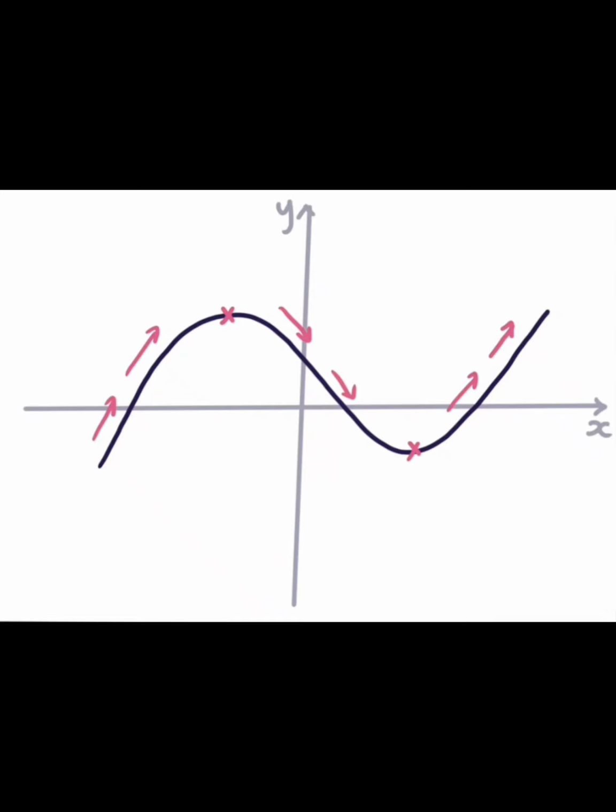So a really important property of turning points that you need to know is the gradient at a turning point. For example, let's call this turning point A and this turning point B. If I were to draw a tangent, if you remember, that's what we're doing when we're finding the gradient at a point. We're basically finding the gradient of the tangent. So the tangent here actually forms horizontal lines.